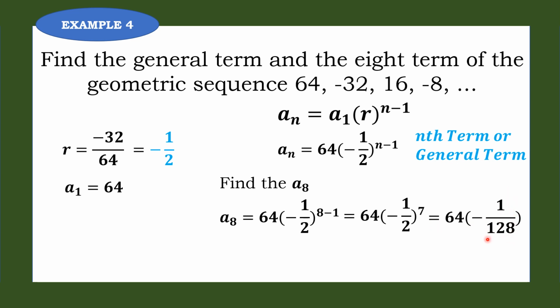Then we multiply it by 64. We have negative 64 over 128. In lowest term, we have negative 1 half. So it means that negative 1 half is the eighth term of the geometric sequence 64, negative 32, 16, negative 8, and so on.